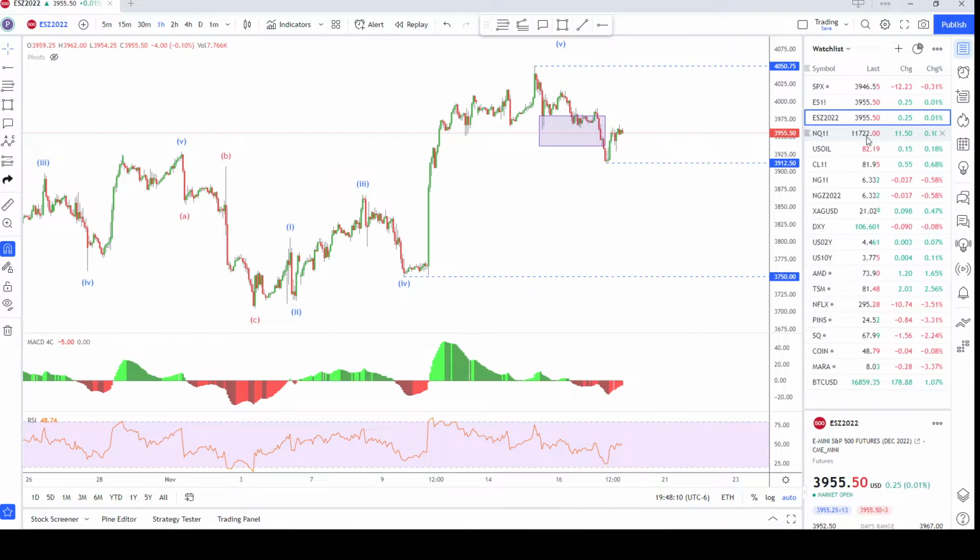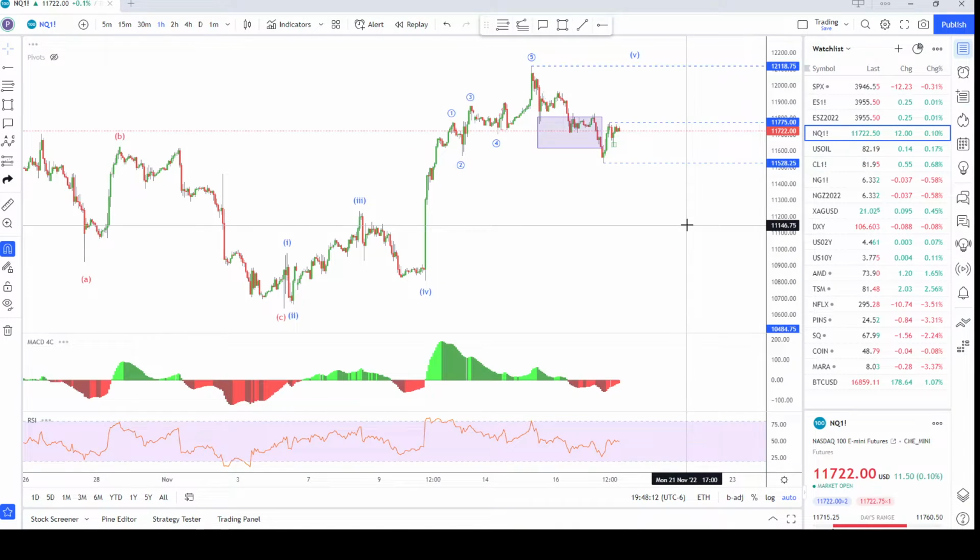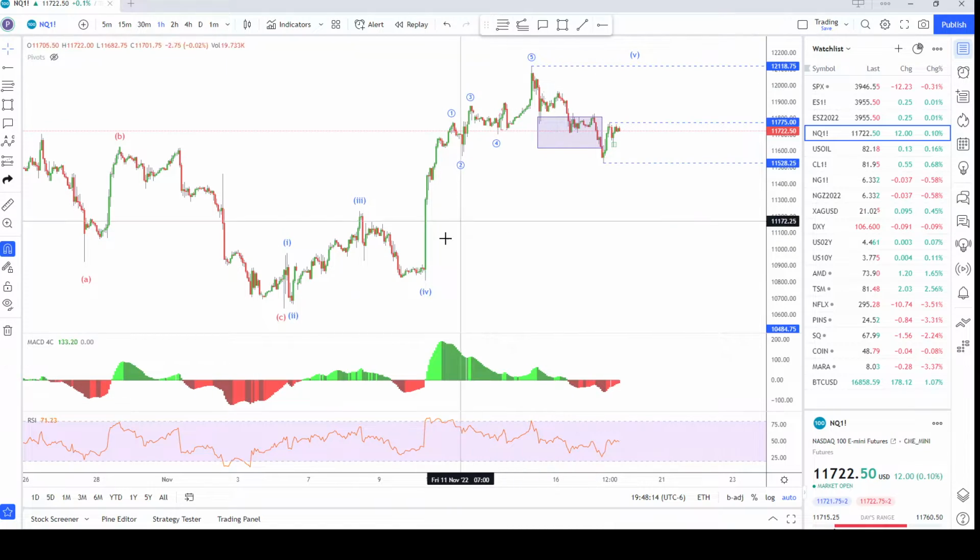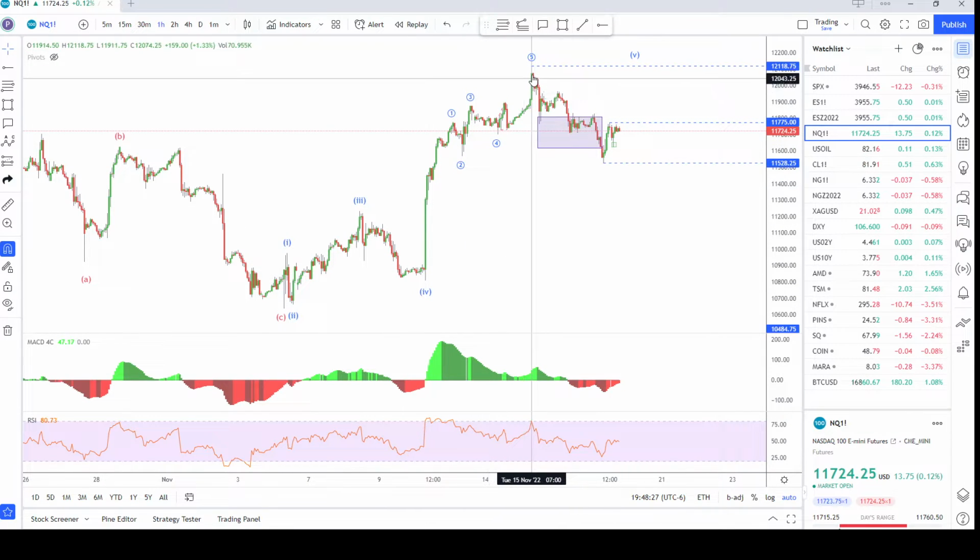But when I look at the Nasdaq, I've looked at this several times. This low that was made Thursday, right at when the CPI came out, came down here, and I got all of this as a leading diagonal coming up.